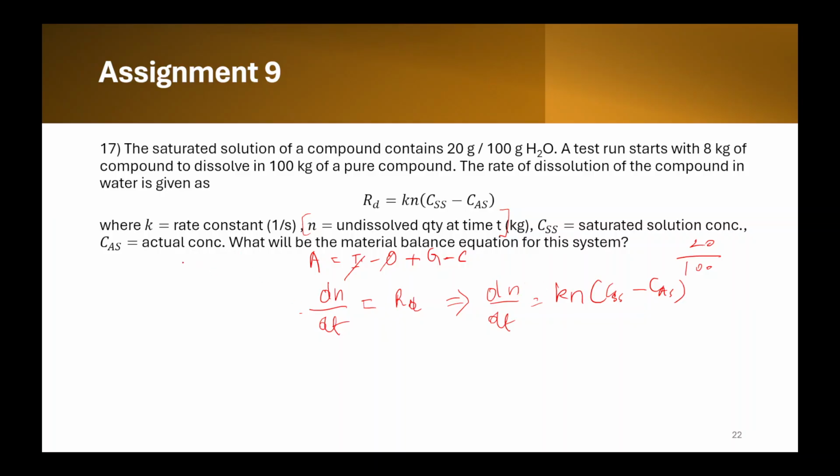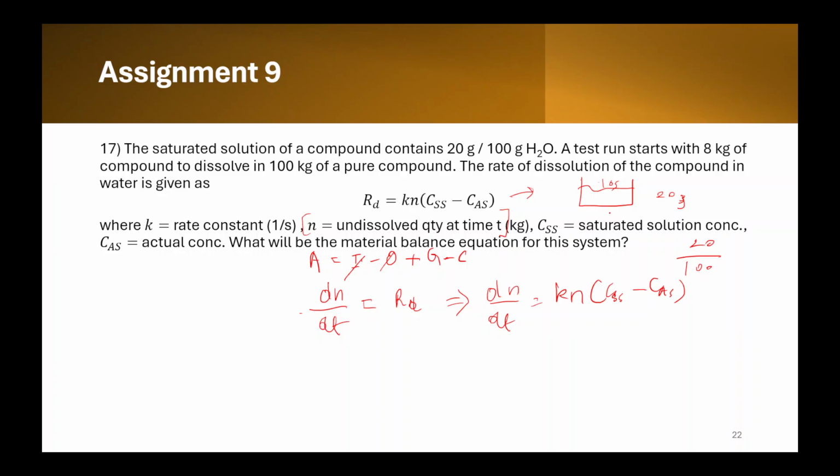You can find the basis of this equation is such that, suppose there is a liquid here, suppose this is 100 units of water, and we know that if we add 20 gram of this compound, this solution will become saturated. Suppose we add 10 grams, so this is not saturated.